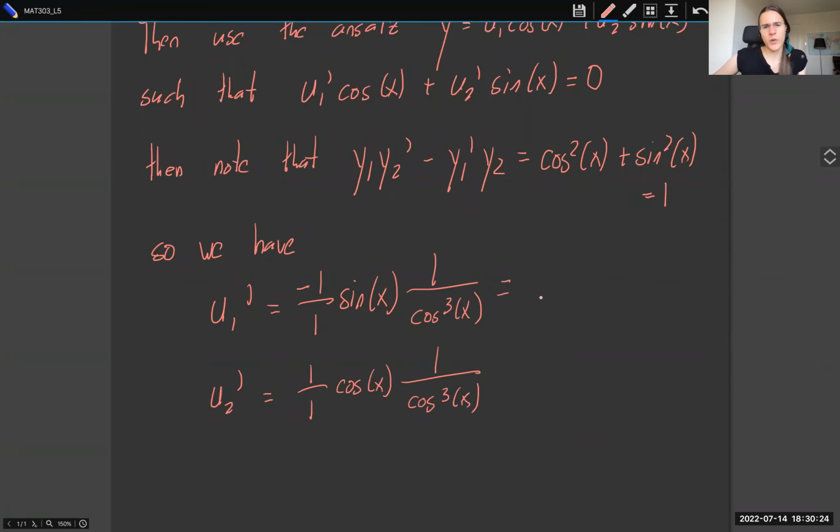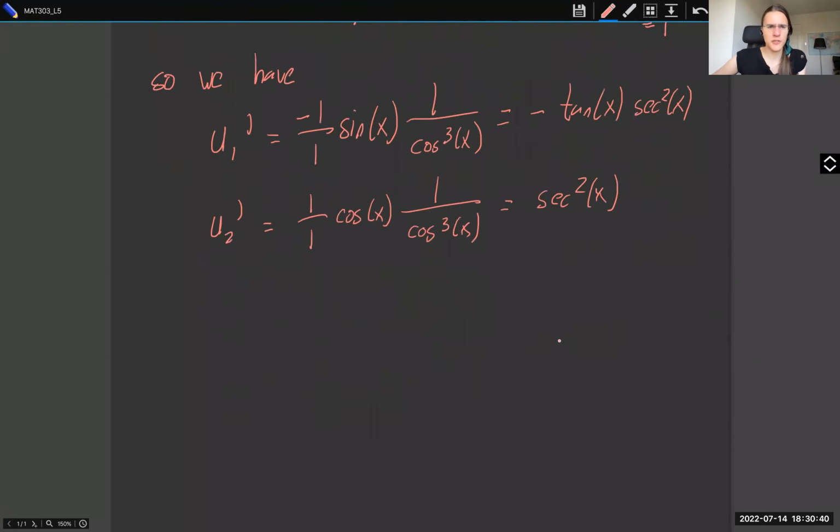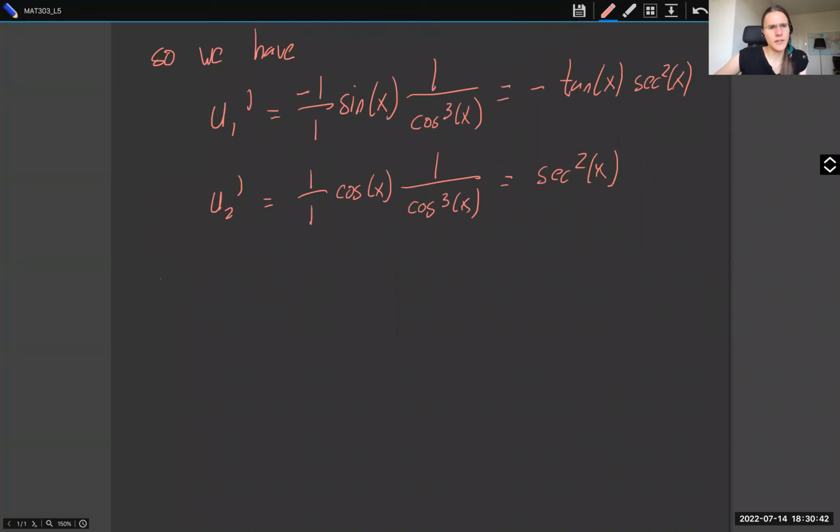So here we can write this as negative tan x secant squared x, and this we can write as secant squared x. And these are actually pretty not bad integrals. So u1 is equal to negative the integral of tan x secant squared x dx.